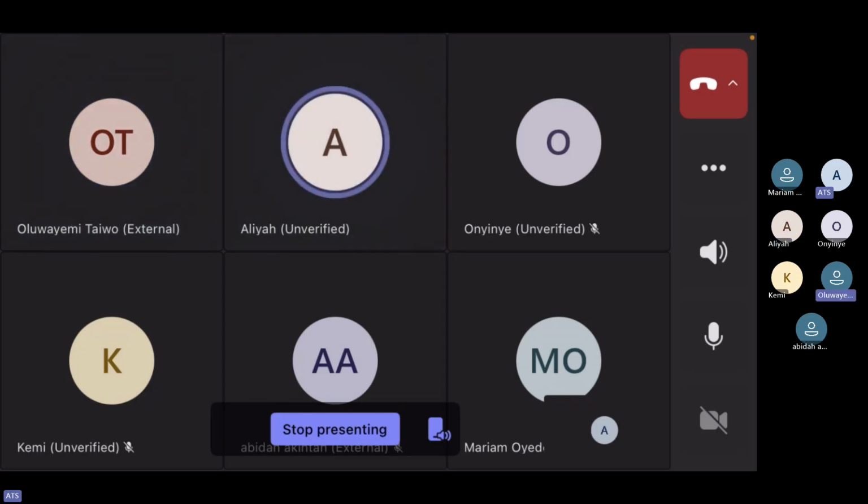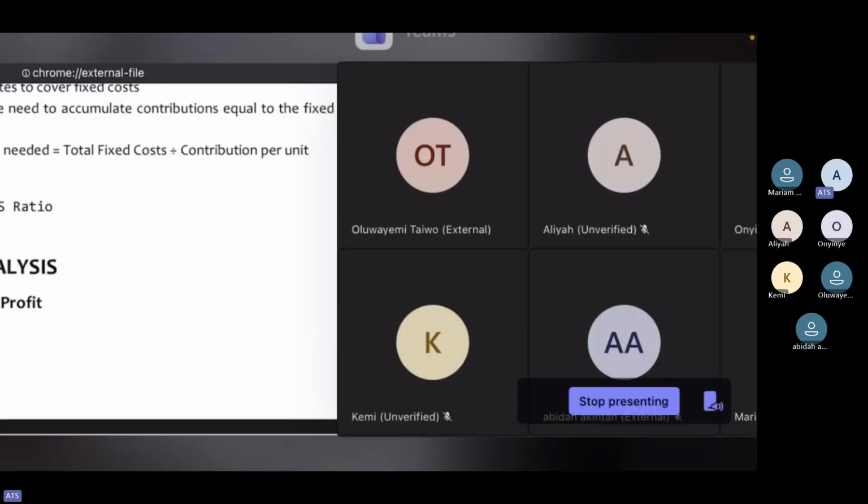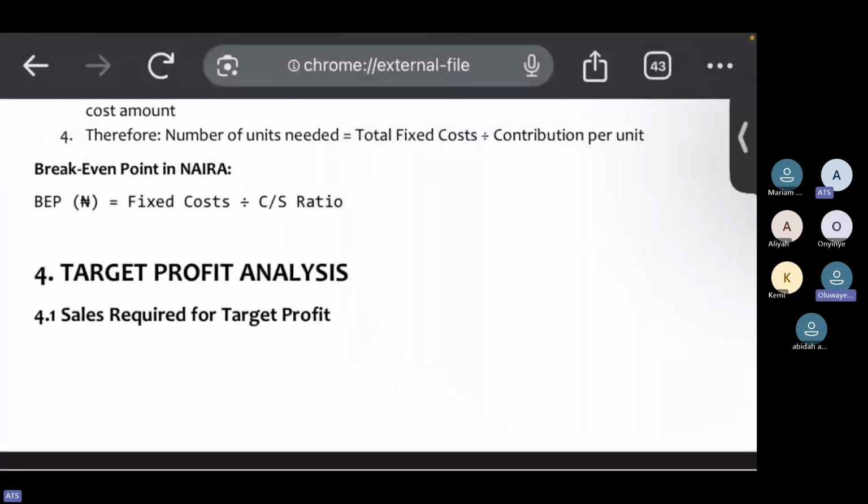So when they are equal, you're not making a profit and you're not making a loss. Yes, that's a break-even point. Thank you very much.